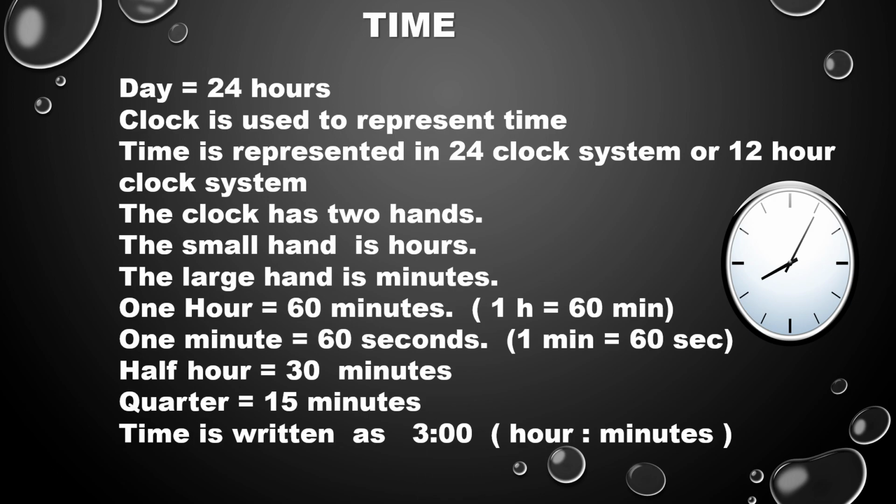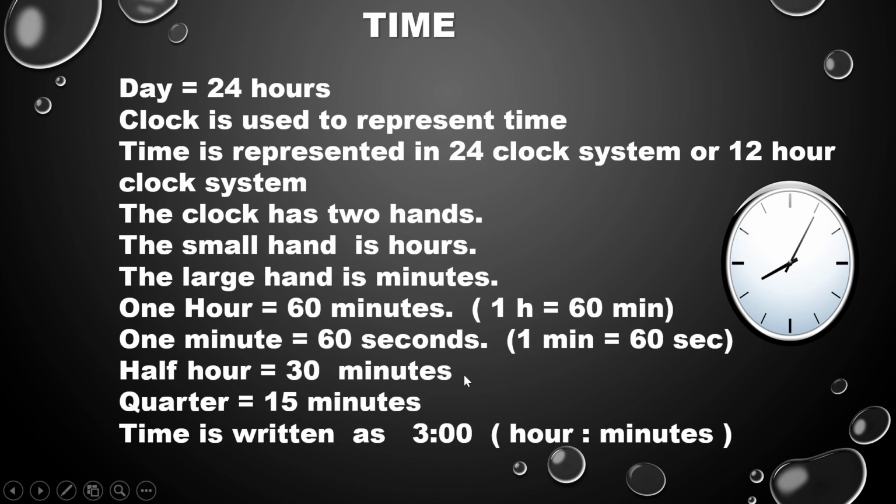The small hand is hours, the large hand is minutes. 1 hour has 60 minutes, 1 minute has 60 seconds. Half an hour has 30 minutes, and quarter of an hour has 15 minutes. Time is written as this: hours before the colon and minutes after the colon.